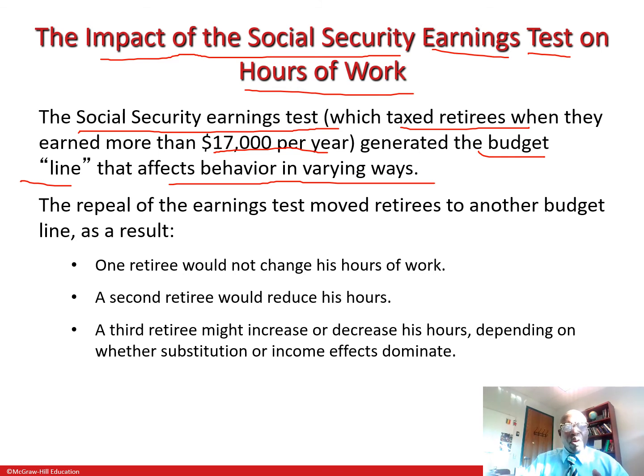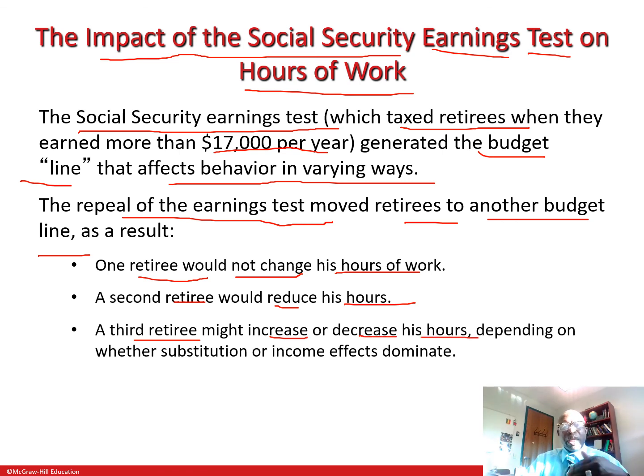The repeal of the earnings test moves retirees to another budget line. As a result, one retiree will not change their hours of work. Another retiree will reduce their hours, and then a third retiree might increase or decrease their hours depending on whether the substitution or income effect dominates.